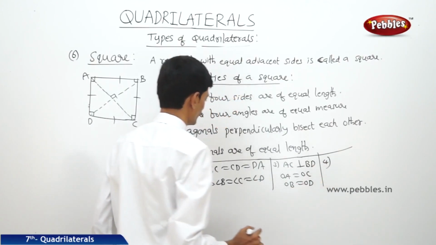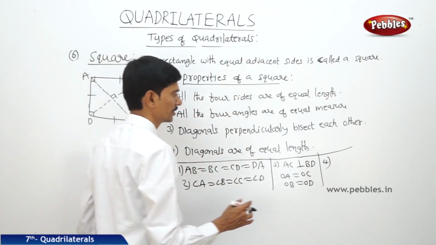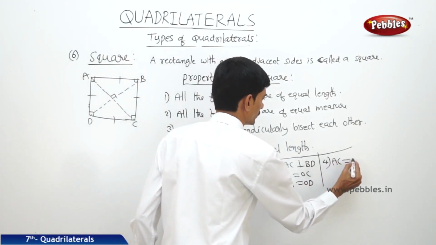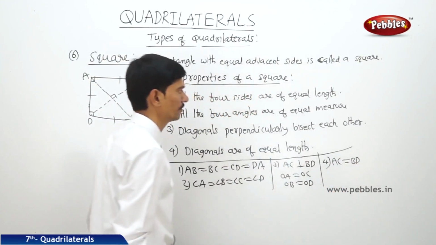Then fourth property, the diagonals are of equal measure, means AC equal to BD. The two diagonals are of equal measure.